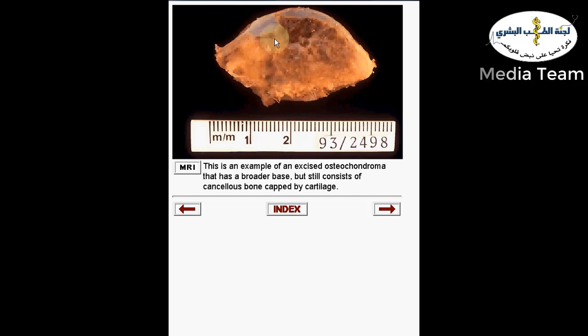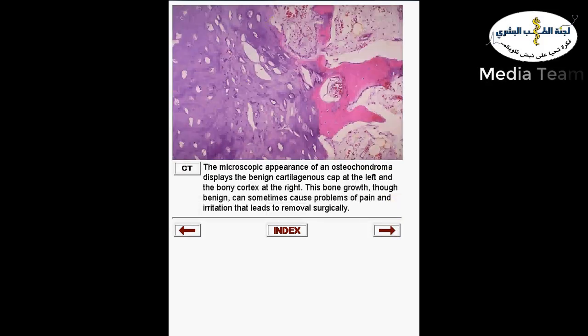Okay? So we have to measure the cartilaginous cap because it's rarely transformed into chondrosarcoma, not usually, okay? It's very rare. Now under the microscope, here is the chondroid part to the left and the osteoid part to the right. They are completely benign. Look at the benign cartilage.